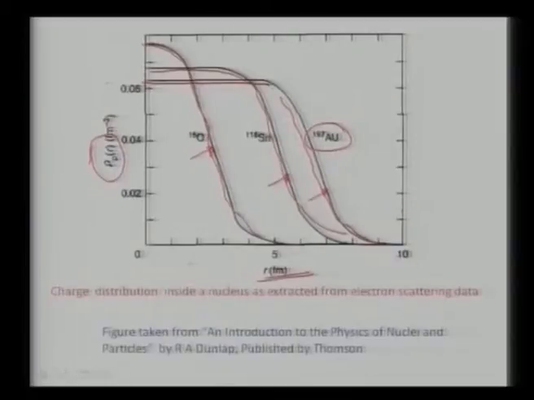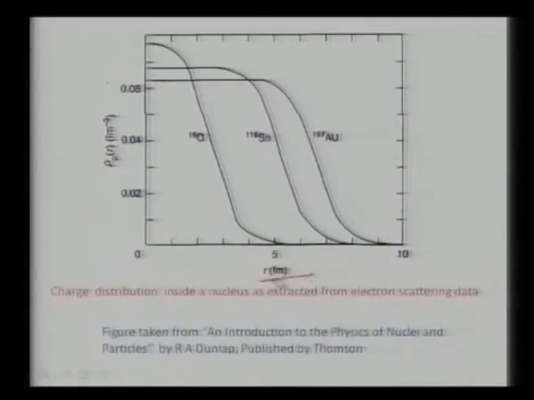So, what do you see from these figures? From these figures you can see that the nuclear charge density or proton density is constant from the center of the nucleus up to some point, and then it decreases. All right.